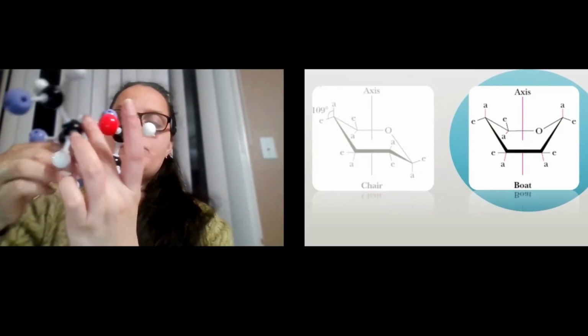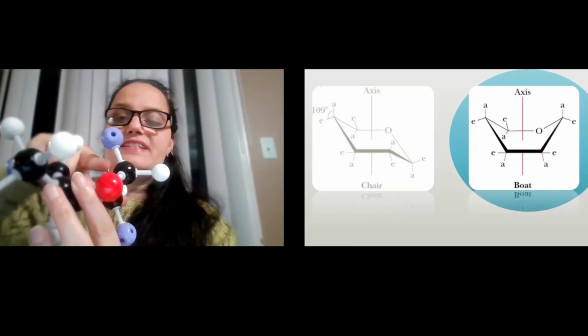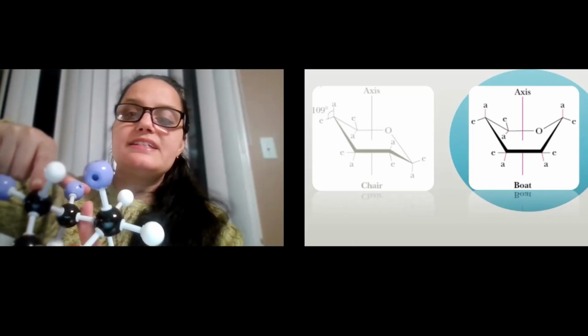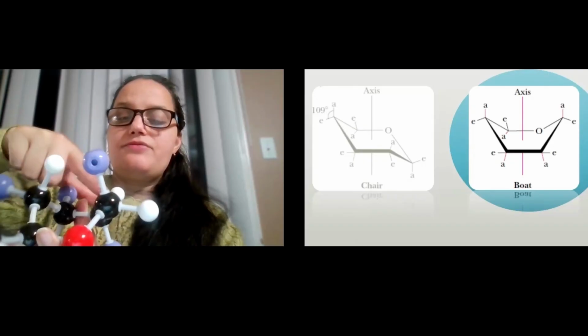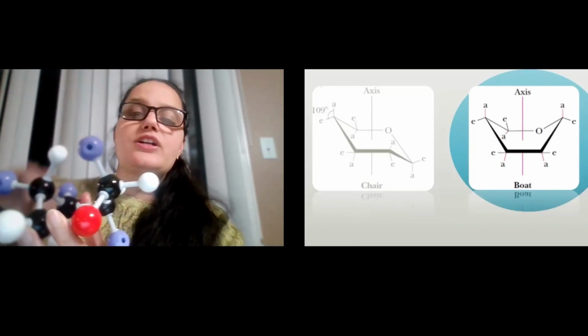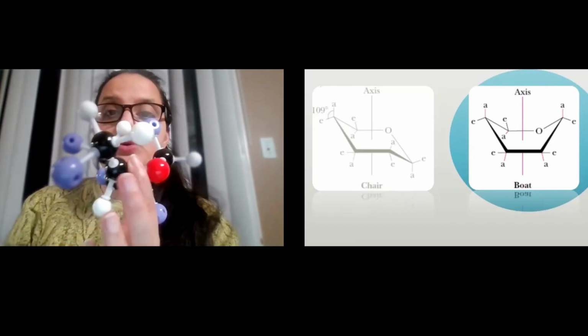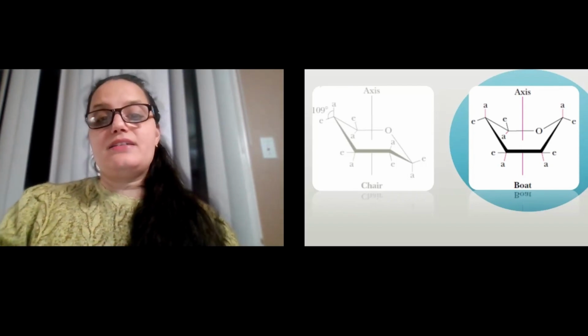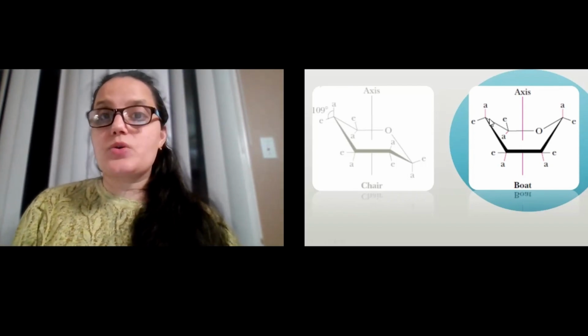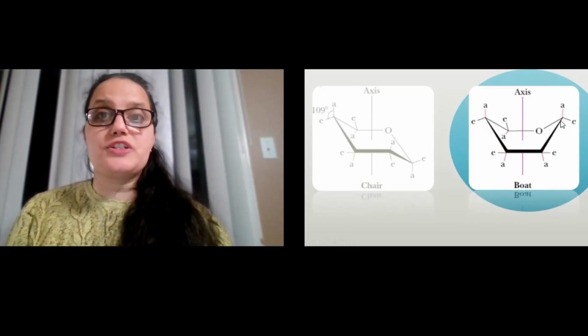All 4 are on the same side, in the same plane, but these two carbons have just got tilted towards each other, and then the boat conformation is formed. This position is called the bow and the stern positions.